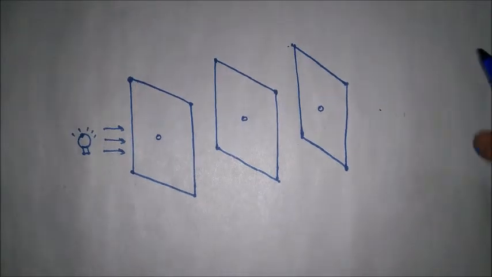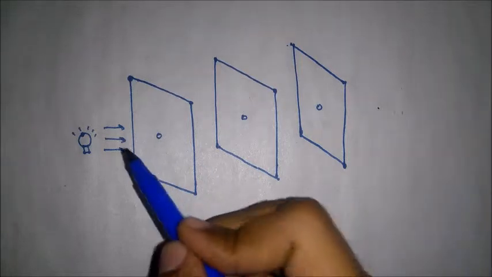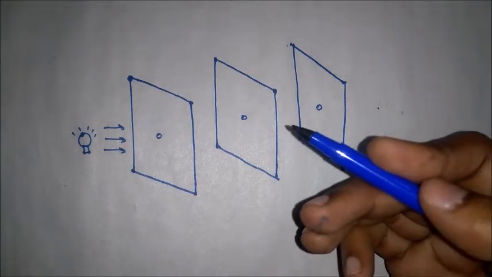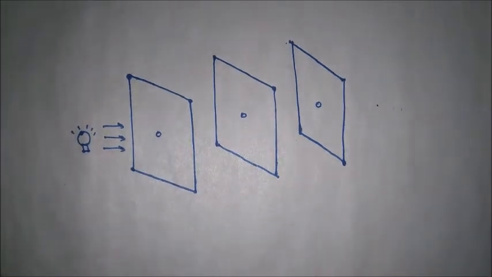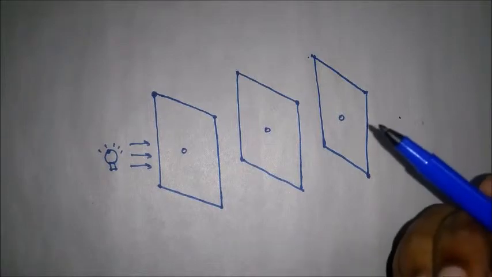If all these three holes are in a straight line, you should be able to observe this light source easily. However, if any one of the three holes or the source itself is moved, you won't be able to observe it. So you can say that light travels in a straight line. And I know that you must be going, wow, that is painfully obvious, but this experiment is not precise.